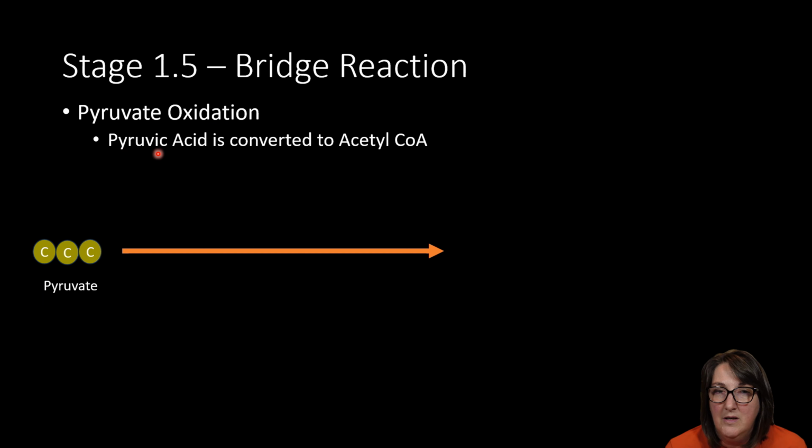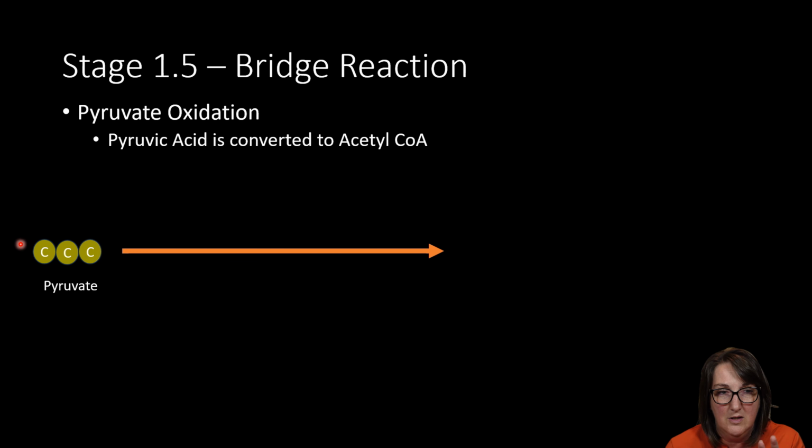So here's my pyruvate. Remember, it's that 3 carbon molecule that I made in glycolysis. Remember, I have 2 of them. This is just going to be half of that. I've got this first pyruvate I'm going to look at. I'm going to take out carbon dioxide. I'm removing one of these C's, and I'm going to take out some oxygen.